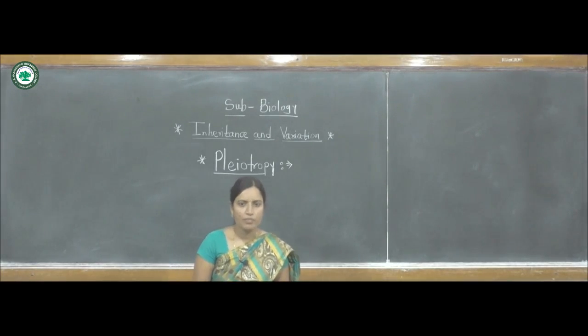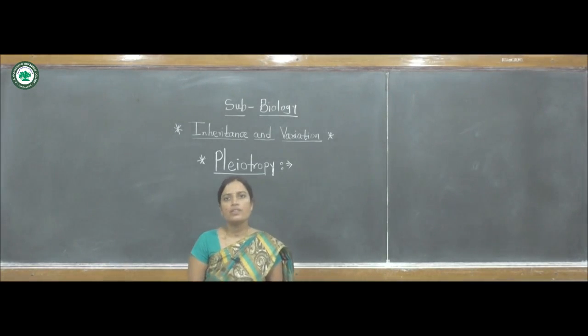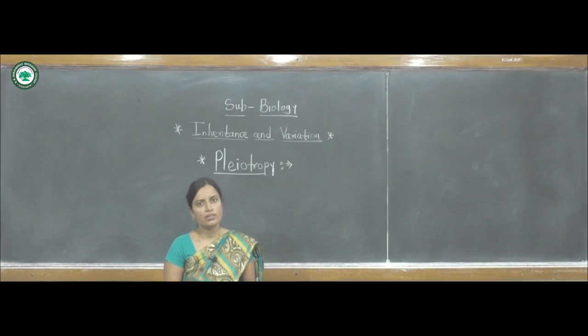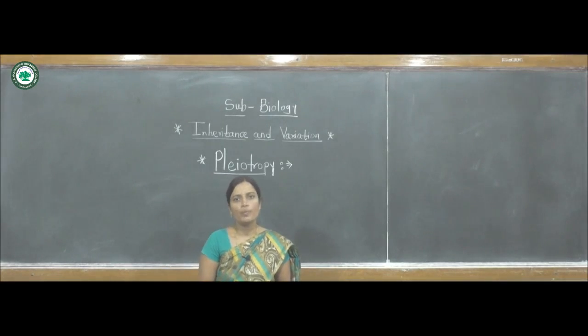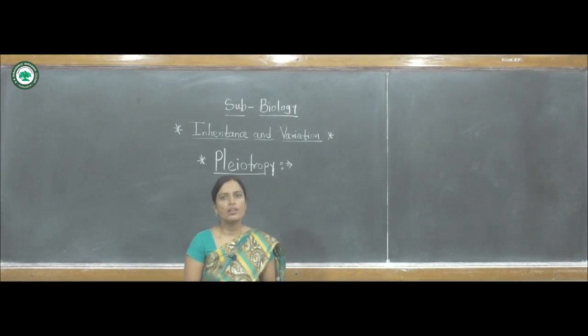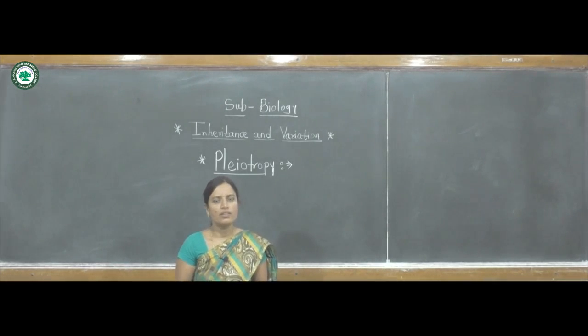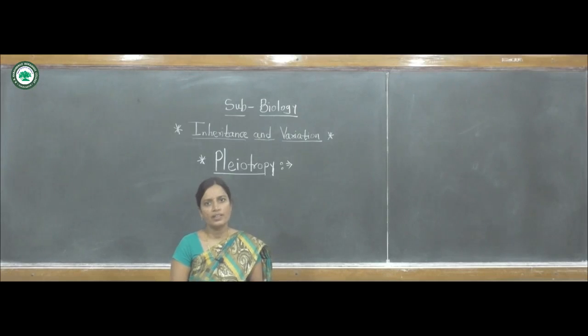Now some examples we will study: first incomplete dominance, second codominance, and another one, multiple alleles. Multiple alleles means a single gene controls different traits.